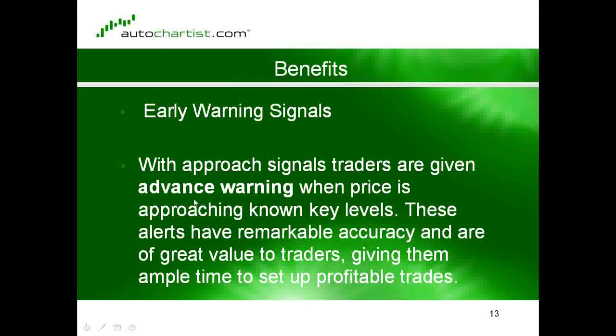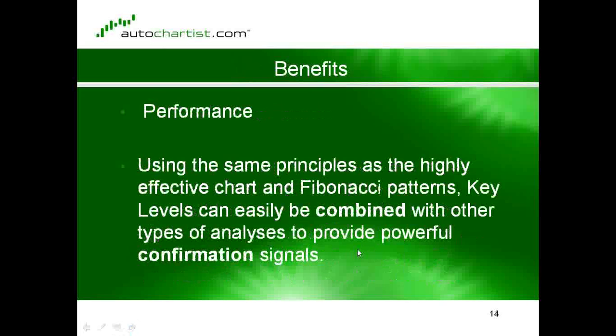All right, you're going to get advance warning, and that's key. You're going to see approaching markets, and that's key too. So you're not going to get a signal when the market is right on top of the point. You're going to have some time to develop a strategy as the market approaches a support and resistance line. You must know, and this is important because it's repeated, that you combine it and look for confirmation signals.